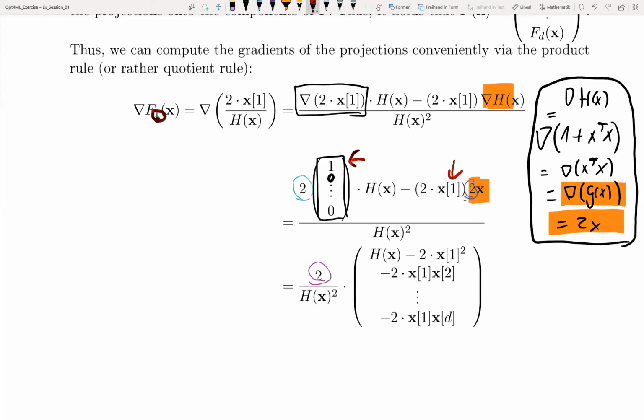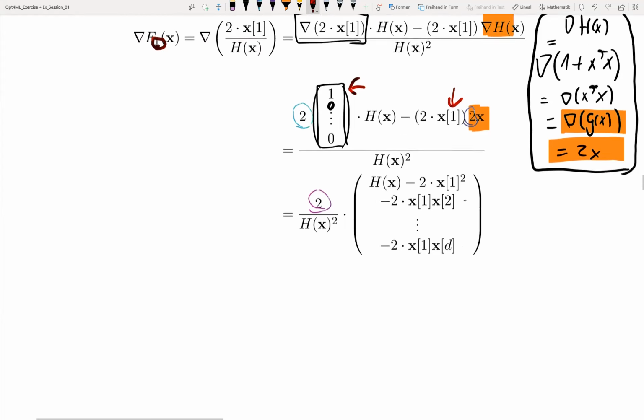So substituting the one with some other index i will only lead to the fact that the first unit vector you have here becomes the ith unit vector, and instead of the first component of x, you will get here the ith component of x.